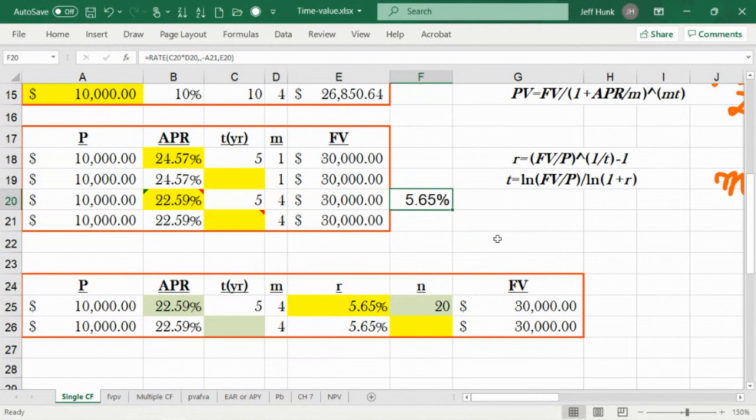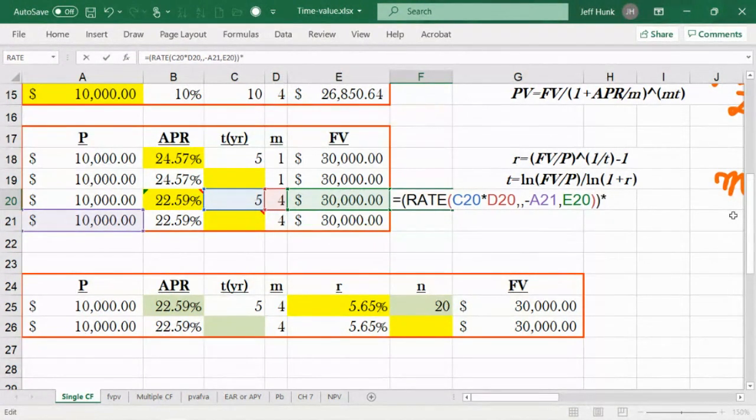And then what you get is the periodic rate, not the annual rate. So then what do you need to do? Eventually, you will still need to make adjustment like that: put the whole thing in the parentheses and times 4.